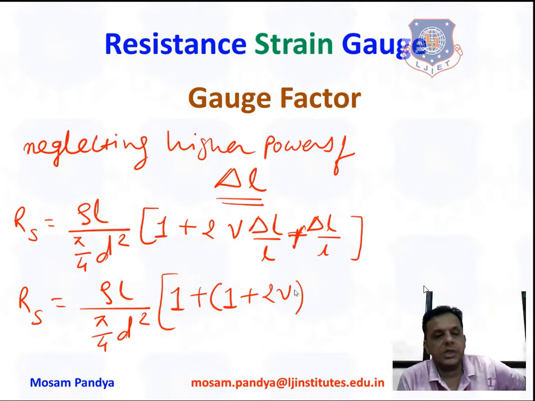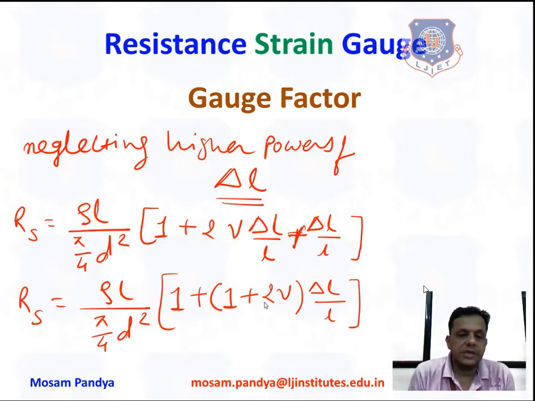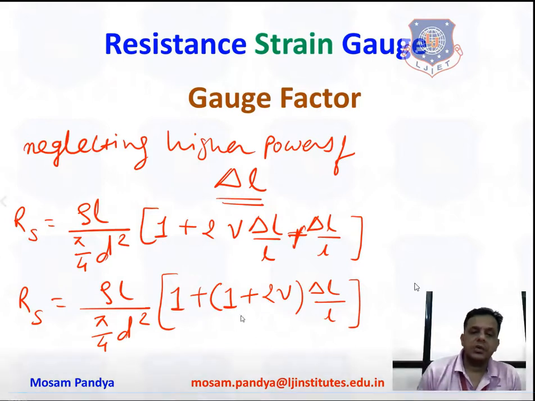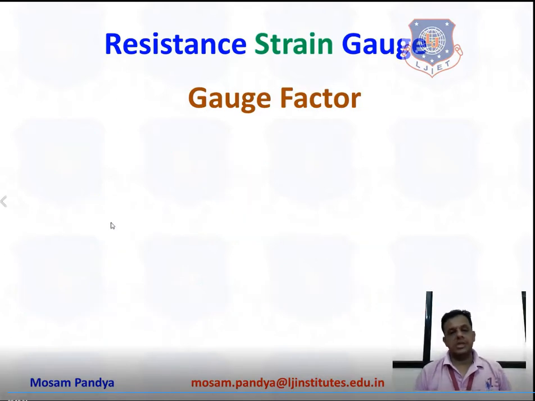So it will give you 1 plus 1 in bracket 1 plus 2 mu into delta L by L, and bracket completed, and hence we received the equation. Here you see mu is Poisson's ratio, and we are gradually moving toward the generalized equation of the gauge factor. Keep in mind, this is very important theory for GTU syllabus, and one should remember this very well.